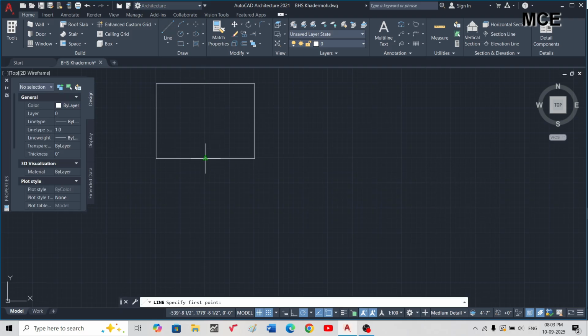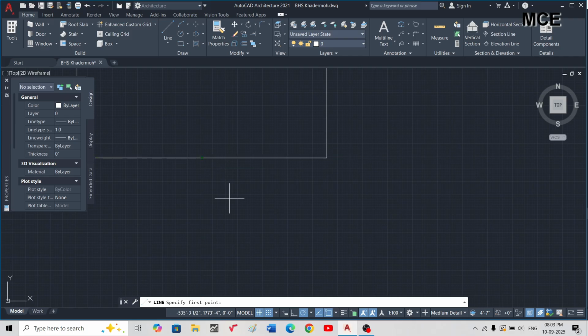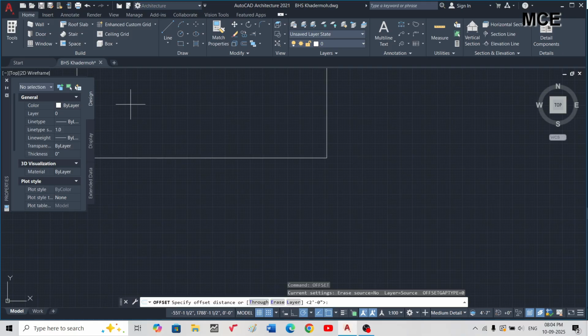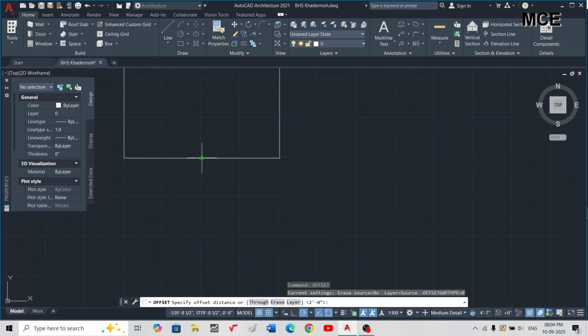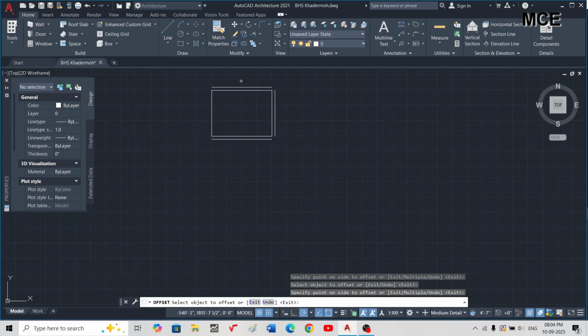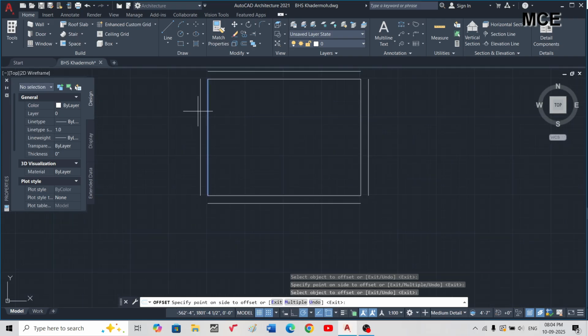From the midpoint we will take an offset of 2 feet. So take an offset of 2 feet. So this line, this line, this line, and this line.